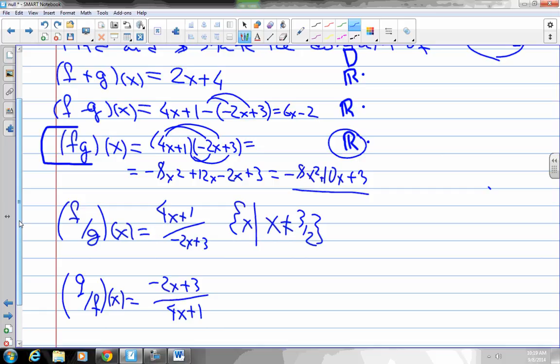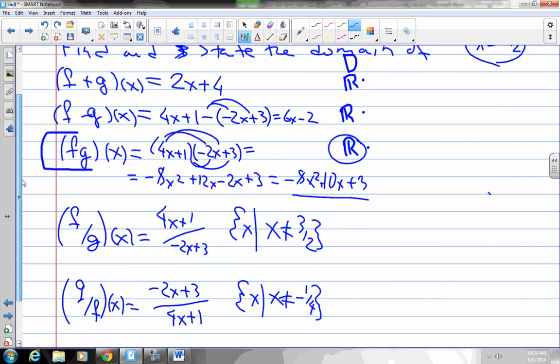So how about this one? What can x not equal? Negative 1/4. So you do the same thing. You set the denominator function equal to 0. You solve for x. You get negative 1/4. That is the number that needs to be avoided.